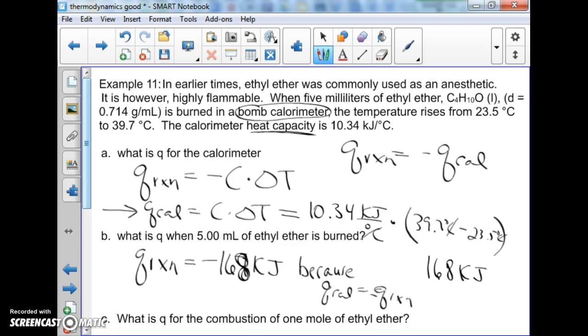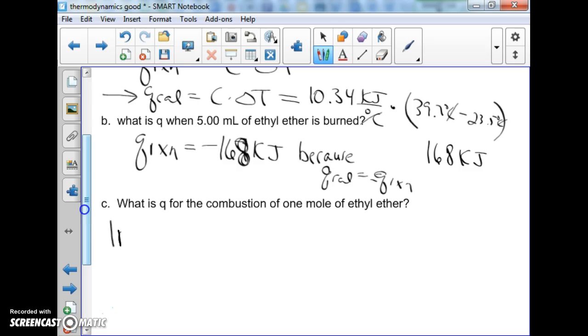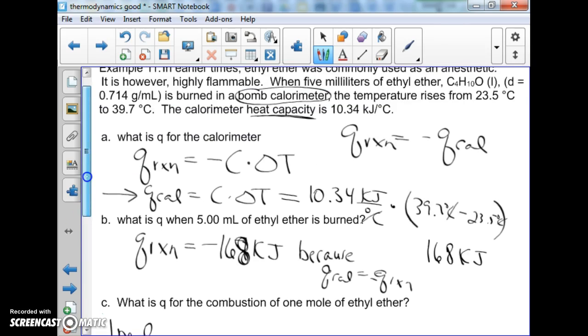So that's my relationship, 5 milliliters and negative 168 kilojoules. I got to pick the reaction value, not my calorimeter value. Okay? So then I'm going to start with 1 mole of ethyl ether. I believe I gave you the formula for it, C4H10O.